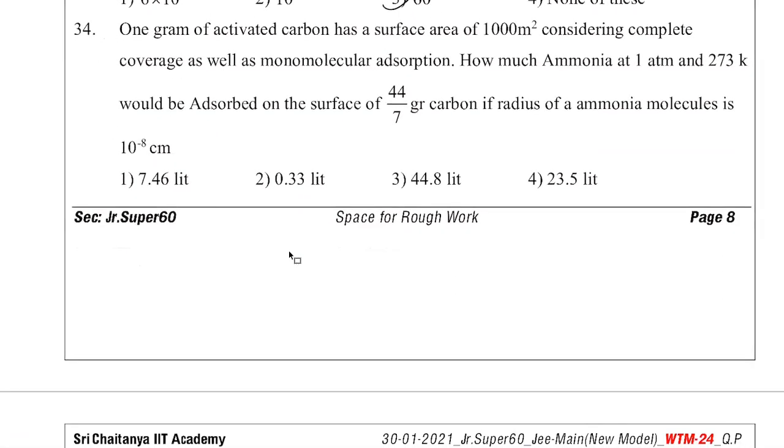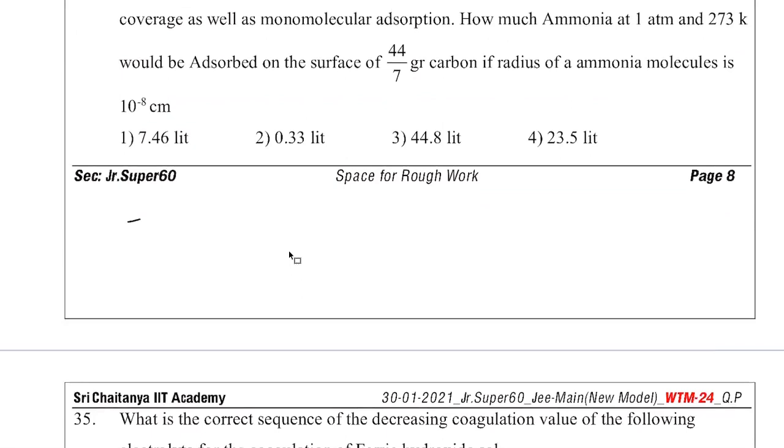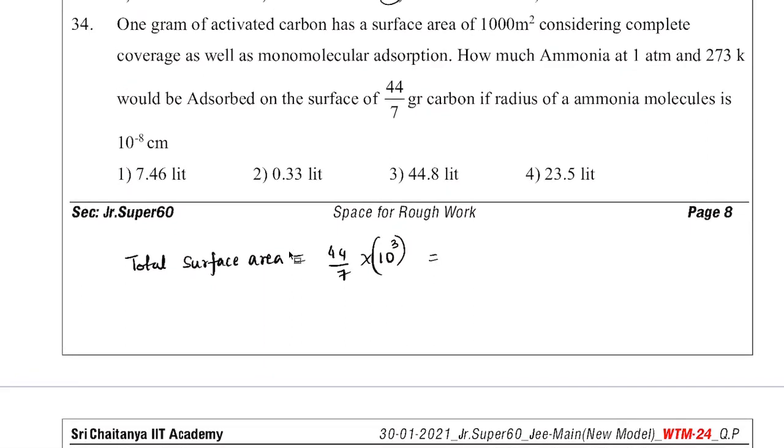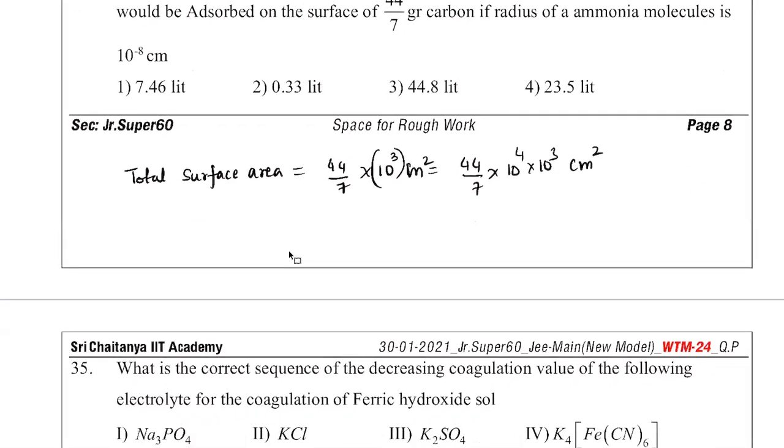So here I could say that total surface area would be equal to 44 by 7 into 10 raised to power of 3 meter square. So if you write in terms of centimeter, that will become 10 raised to power of 4 into 10 raised to power of 3 centimeter square. This is the total surface area.